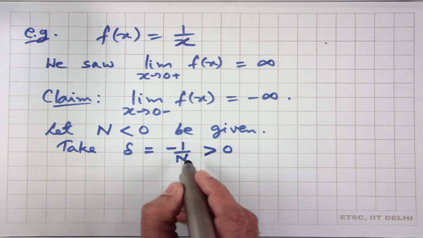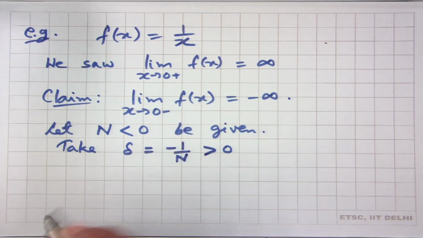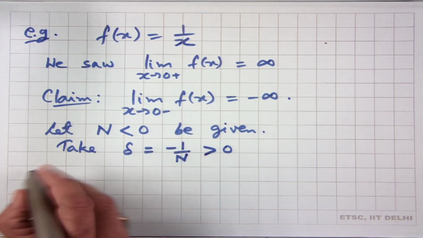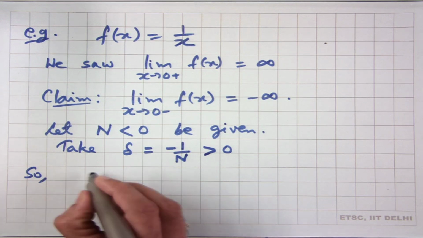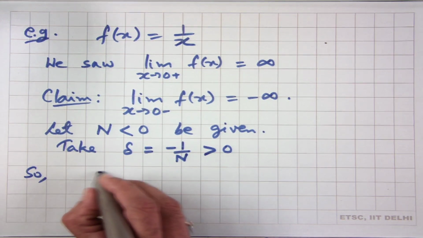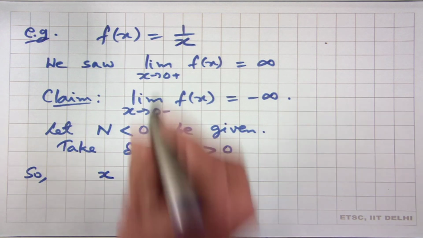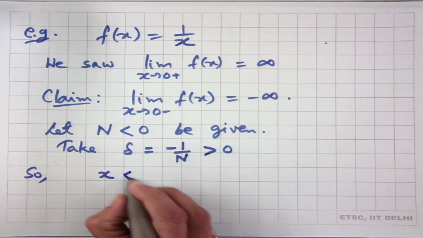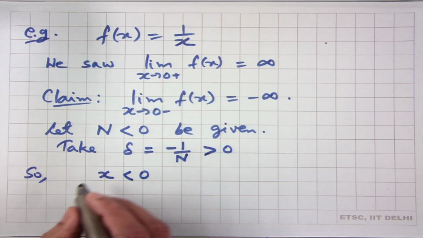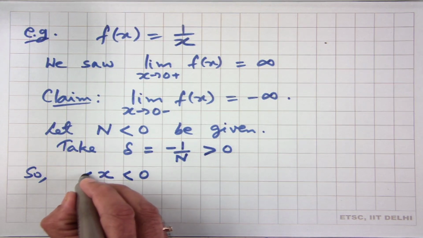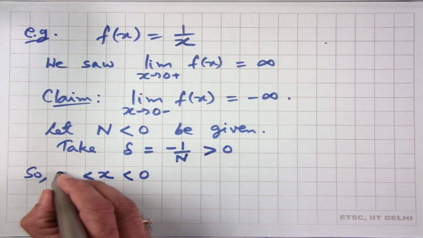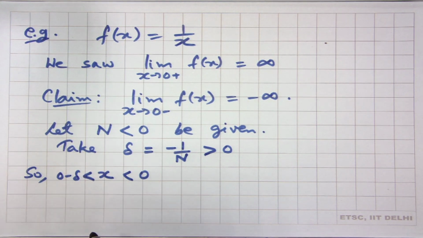Now, if delta is equal to minus 1 by n, then if my x is to the left of 0, that means x is less than 0, but it is greater than 0 minus delta, that means x is greater than minus delta.